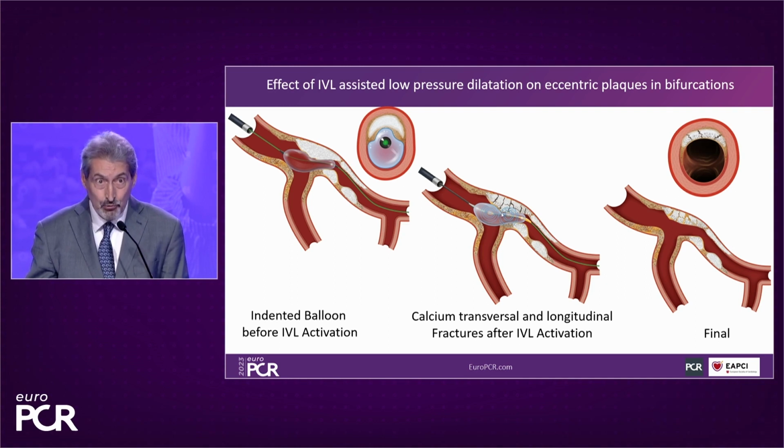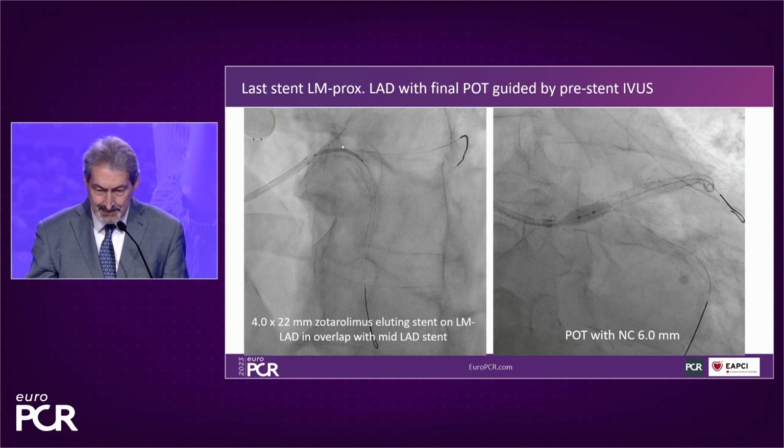If, on the contrary, you don't rely on pressure, you use 4-6 atmospheres, but the energy to rupture the calcium is the one coming from the vapor bubbles, that's what you achieve. Multiple fractures, longitudinal and tangential, and at this point you will be able to fully expand your balloon without impairing flow in the ostium of the side branch.